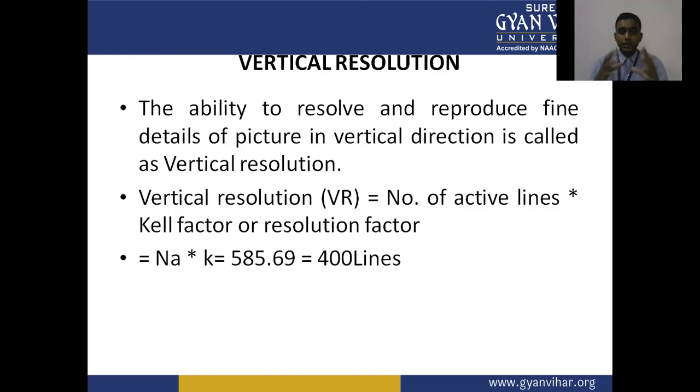So the number of active lines in the vertical resolution system is 400 lines. So 400 lines are the vertical resolution and active lines.